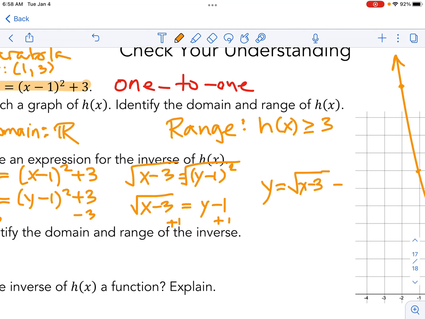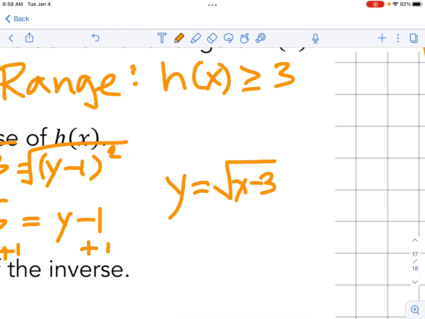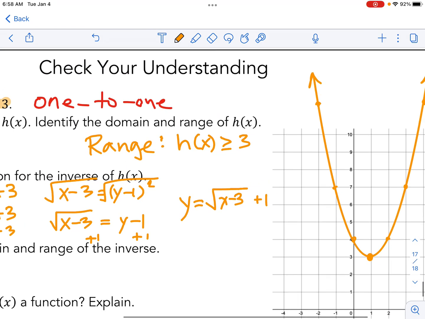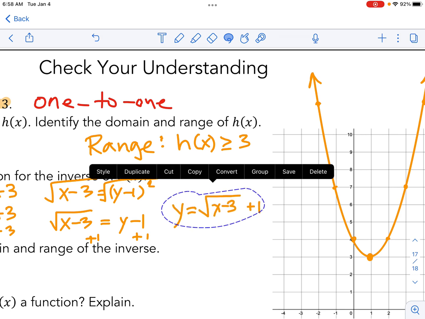And it's kind of important to realize that the x minus 3 is on the inside. I'm trying to make that square root a little bit longer. So it's really important to recognize that the x minus 3 is on the inside and the plus 1 is on the outside. We have to make that really obvious when we write that so that it's not misinterpreted when it's graded.